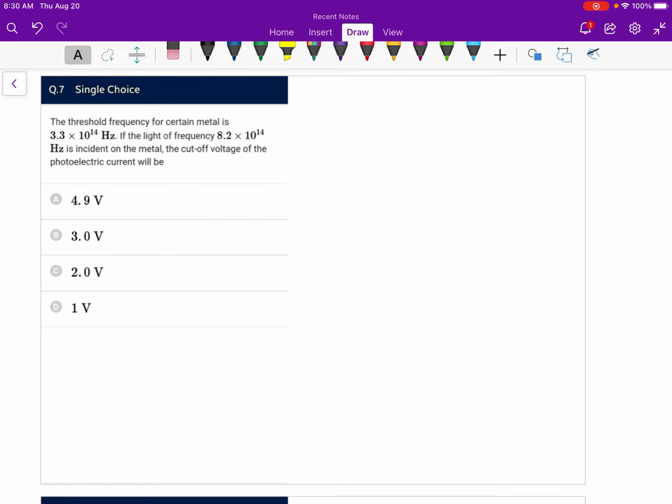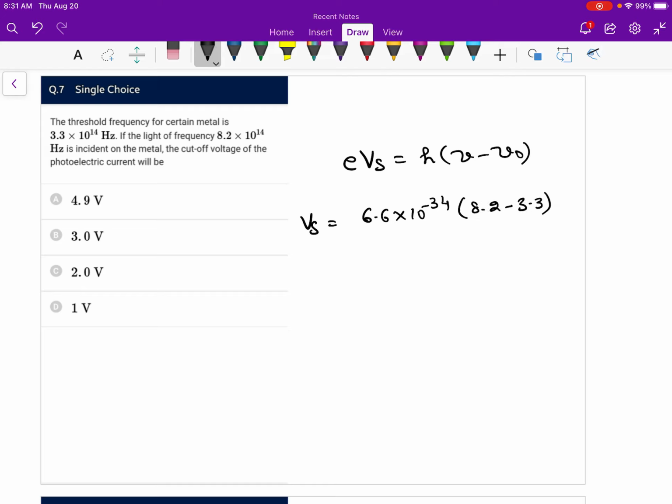Threshold frequency is this, light of frequency is incident, cutoff voltage. So eVs is h times nu minus nu naught. So Vs is h, which is 6.6 into 10 power minus 34, times nu minus nu naught, 8.2 minus 3.3 into 10 to the power 14, upon 1.6 into 10 to the power minus 19.